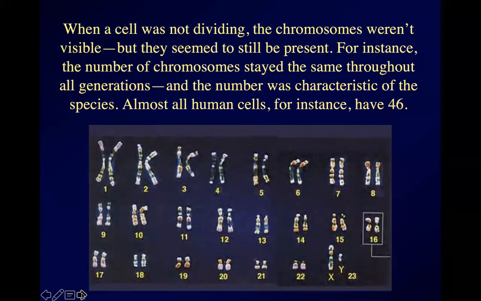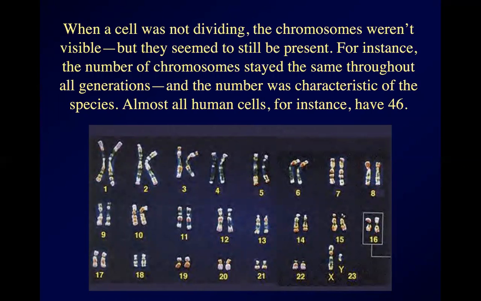Now, when a cell is not dividing, you can't see individual chromosomes. If you look at a stained cell that is not in the process of division, the nucleus usually looks like a kind of granular round blob, maybe with some darker spots in it. But there's evidence that the chromosomes are present even when the cell is not dividing.